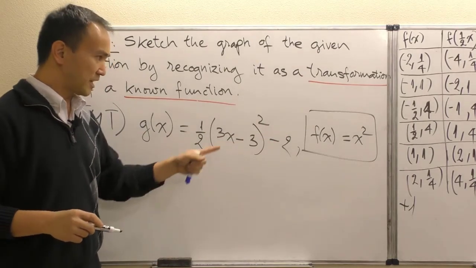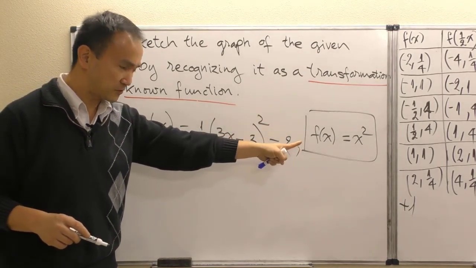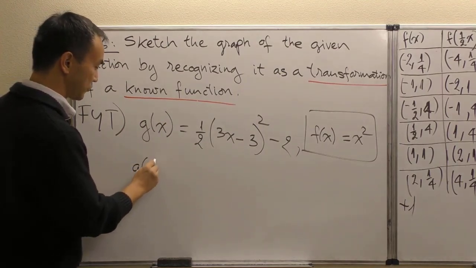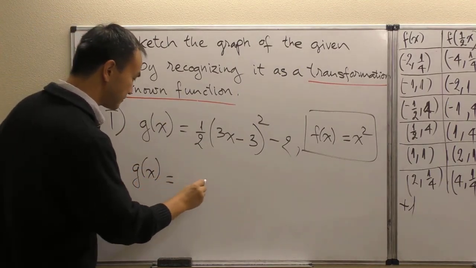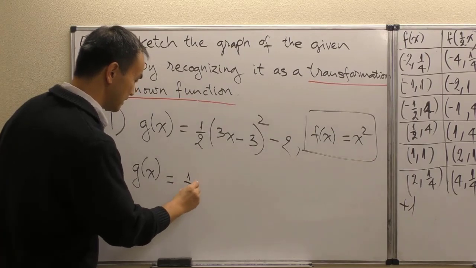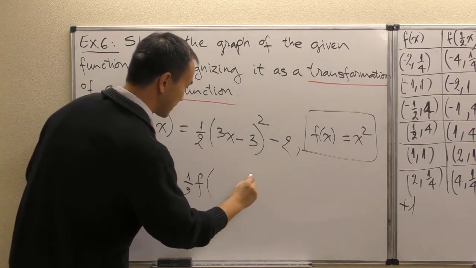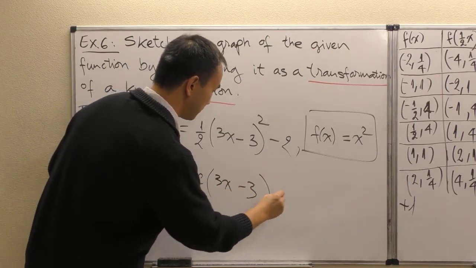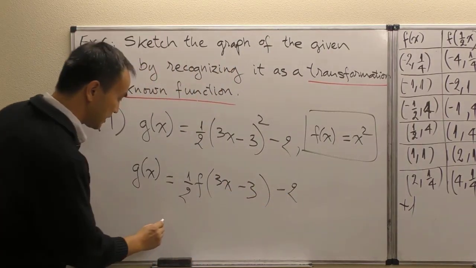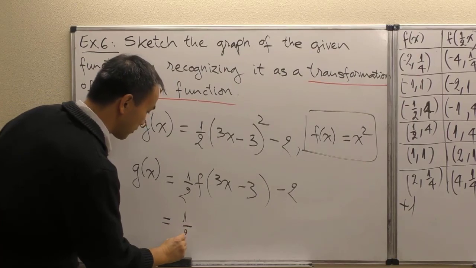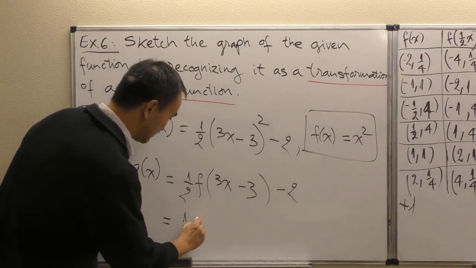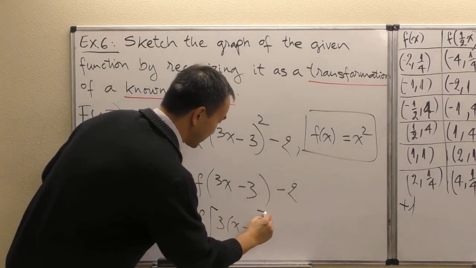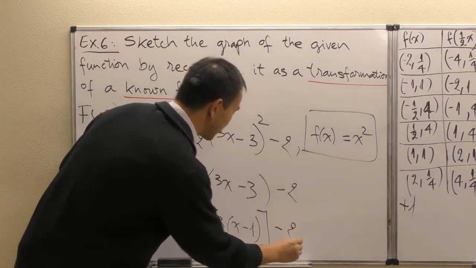But once we found that, I see that this function g of x is related to f of x as 1/2 f of 3x minus 3, minus 2. And then from this, it's better that we factor it out: 1/2 times f of 3 times (x minus 1). So it has all that information for us.